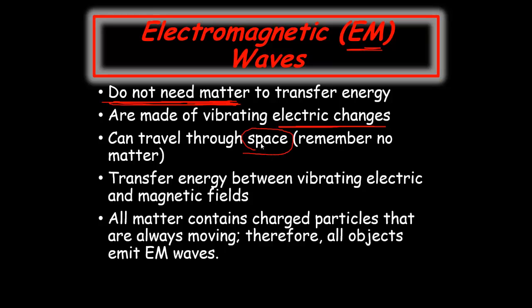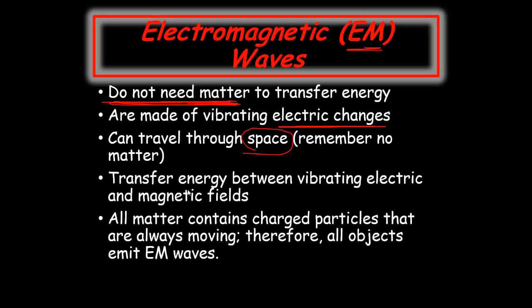So we talked about transverse and longitudinal waves, and they need mediums. So we can't send them technically into outer space. So here's the type of wave that we can send into outer space. So these guys, as we said, transfer energy between vibrating electric charges.